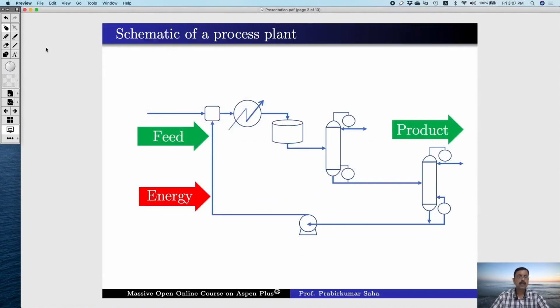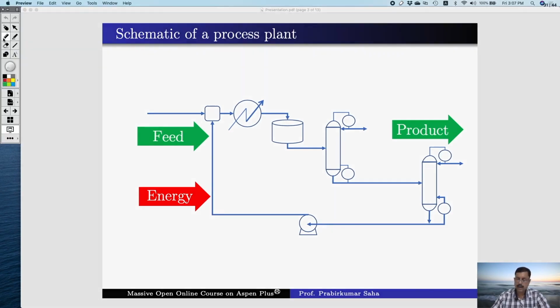We make a schematic of the process plant where we have kept the principal units, that is the mixer, the heater, the reactor, distillation unit 1, distillation unit 2, and the pump. These 6 units we have kept. All other things we are not interested about.